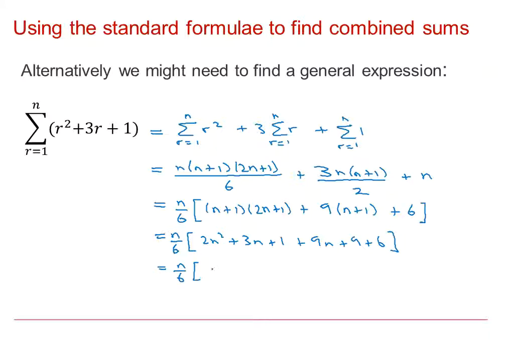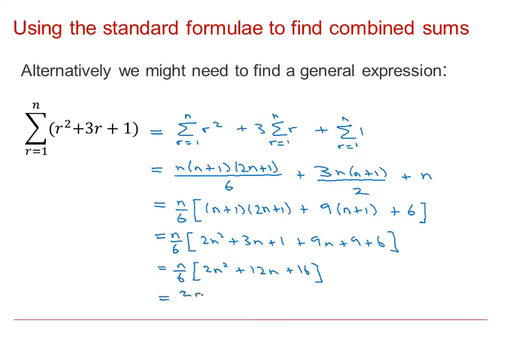And then collecting like terms, we get 2n squared plus 12n plus 16. We can now pull 2 out as a common factor from this bracket. The 2, the 12 and the 16, we can pull 2 out as a common factor.